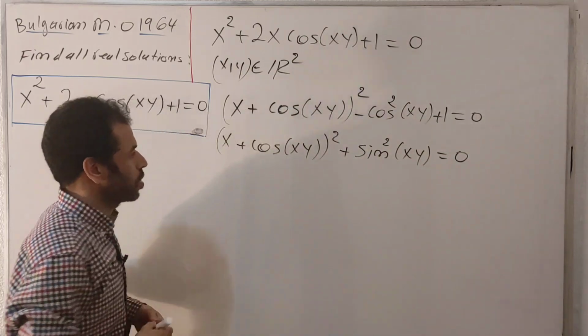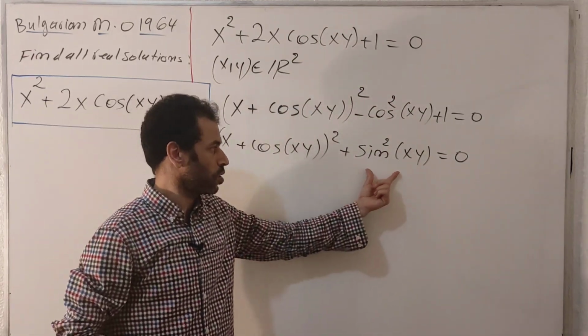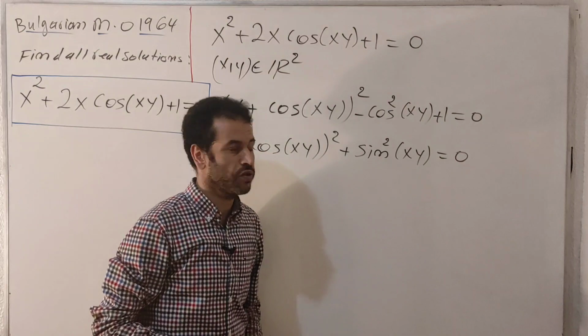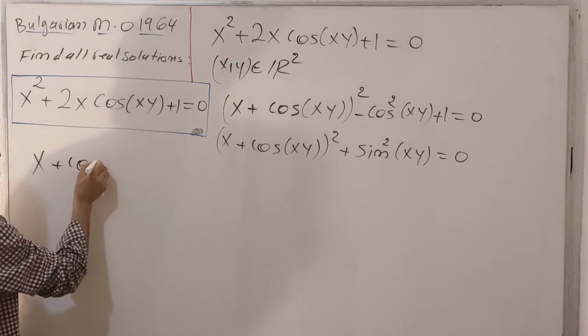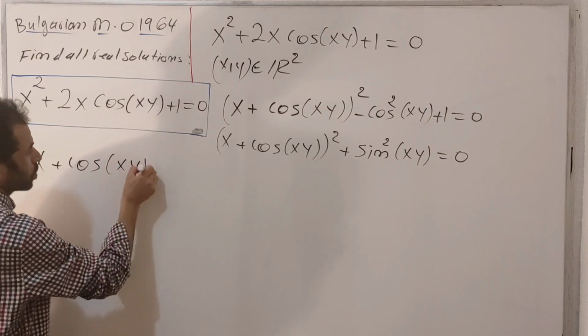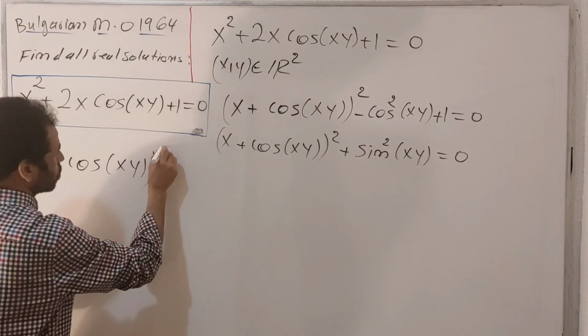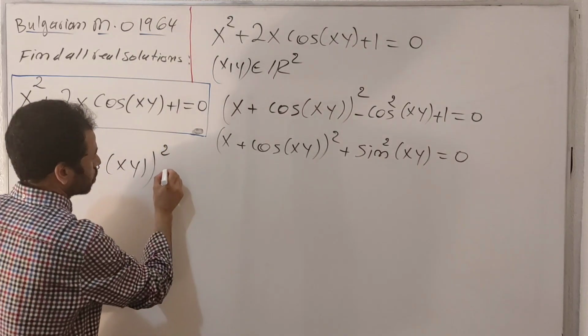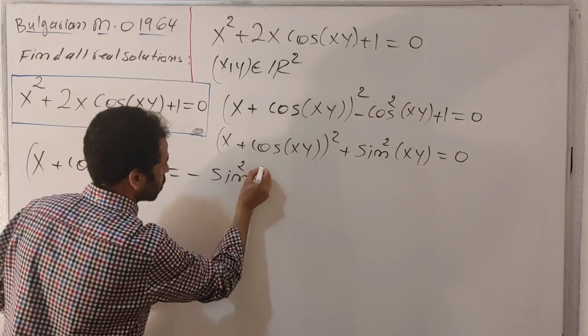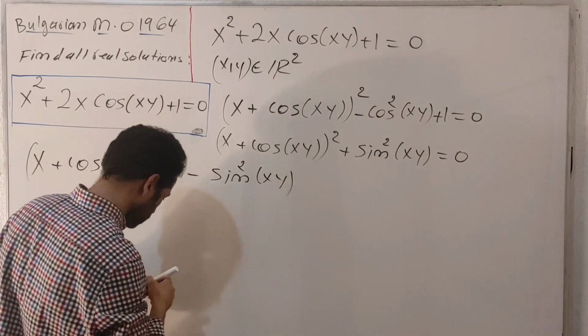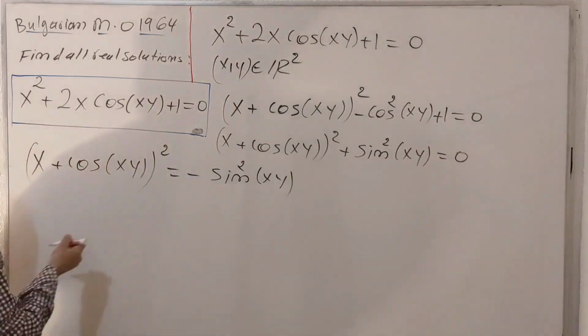Then I'm going to move this sine square to the right hand side of the equation. I will get x plus cosine of xy to the power 2 equals minus sine square xy. Now I have ended with this expression.